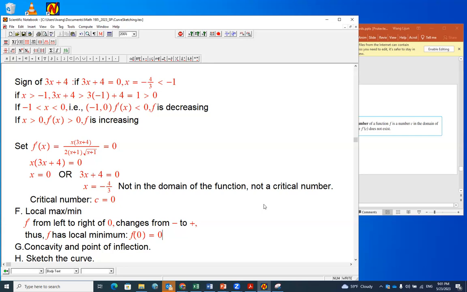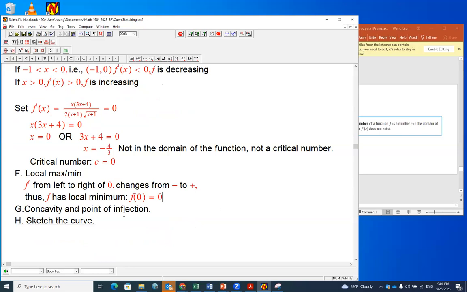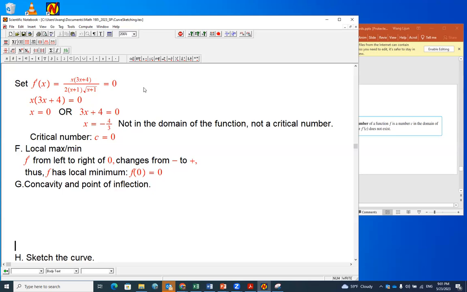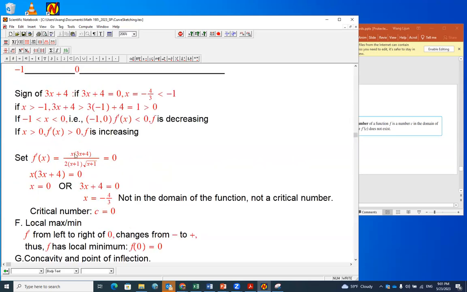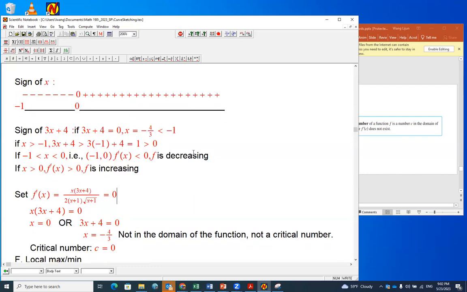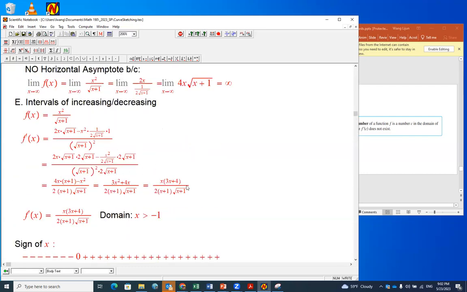And the next, of course, we are going to look for concavity and inflection point, for which we have to find the second order derivative. In order to find the second order derivative, we have the first order derivative here, and we have all these different forms.